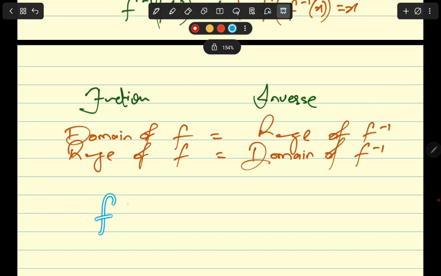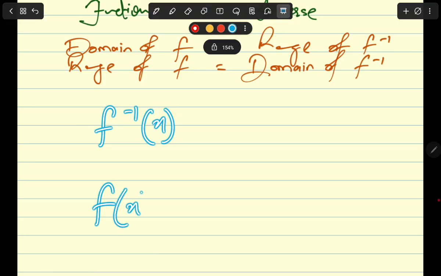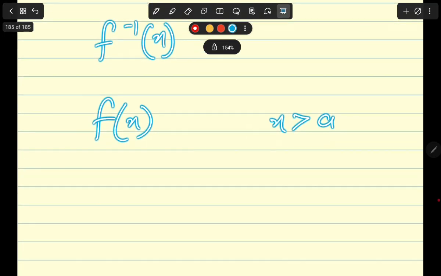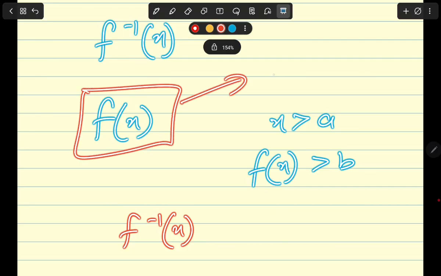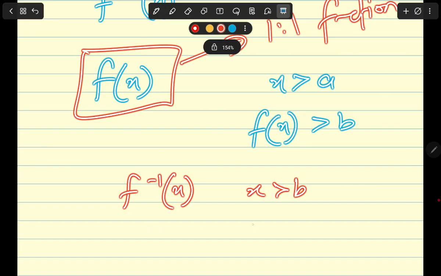Whenever you're trying to find the inverse of a function, if f of x was a function where x is greater than a, giving a range of f of x greater than b, and provided that f of x was a one-to-one function, which we are going to study in a bit, then f inverse of x will have a domain of x greater than b and a corresponding range of f inverse of x greater than a.